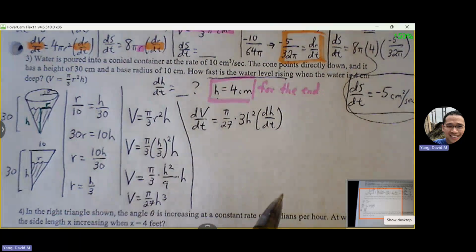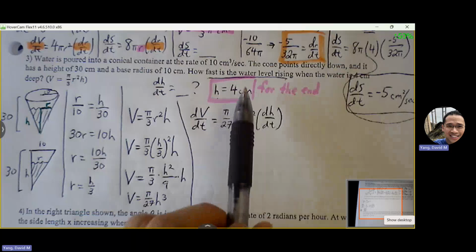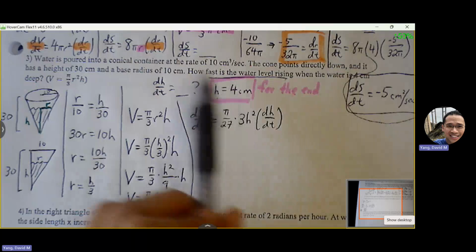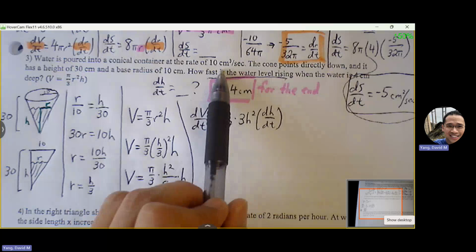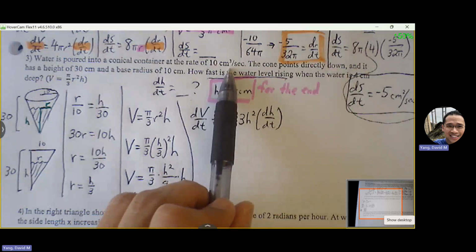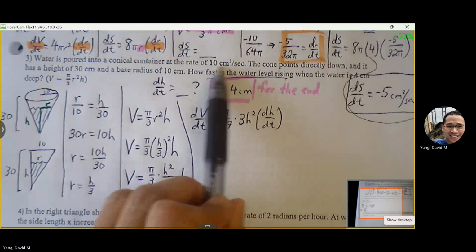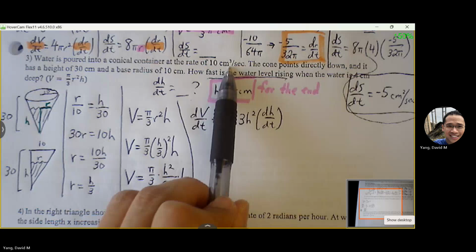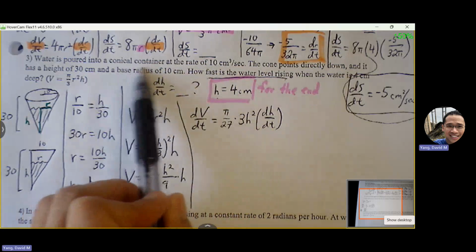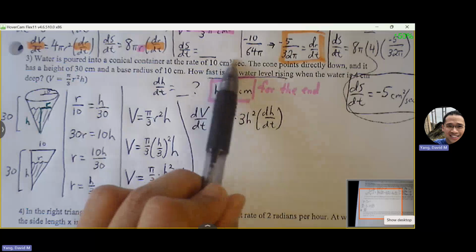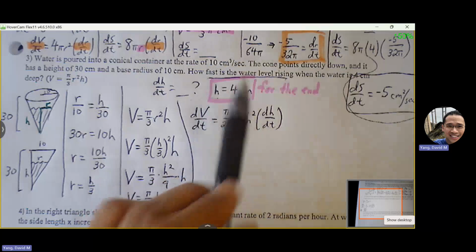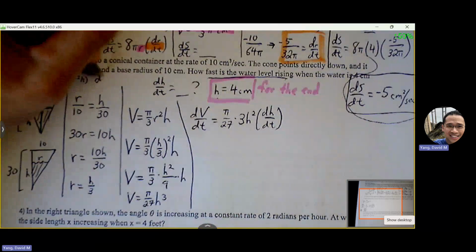Okay, so now we can start putting everything in. Water is poured into a tank at a rate of 10 cubic centimeters per second. What can we assign this to be? Centimeters cubed per second is volume per second, so dV/dt. Yeah, I forgot to add that in.